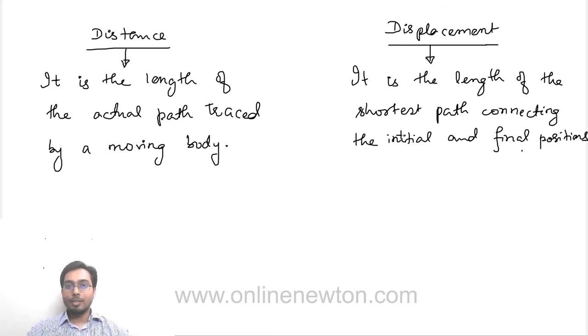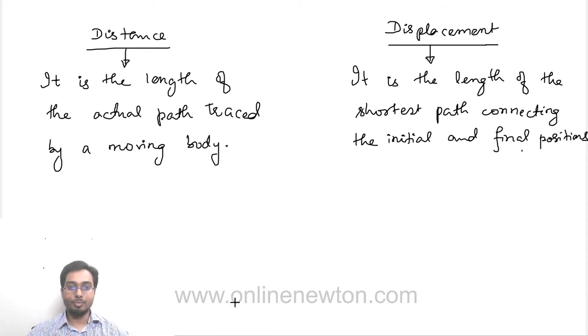Okay, means we will try to figure out what are the initial and final positions for that body. It must have started from somewhere, it must have stopped somewhere. So what are those two points which we call initial and final positions, or where the body was initially and where it is finally? So the shortest path connecting initial and final position could be a straight line, nothing else.